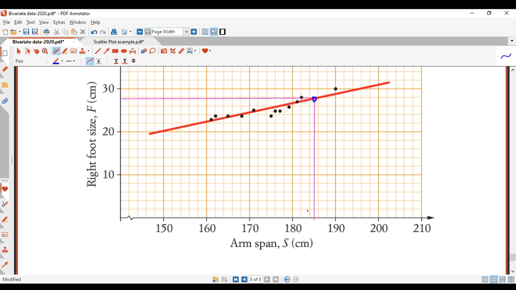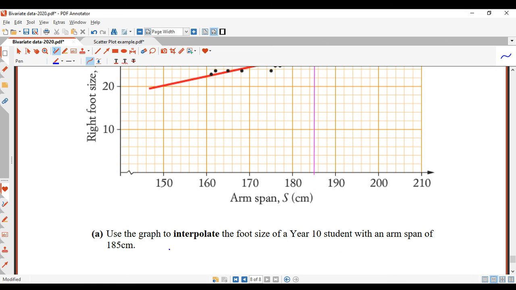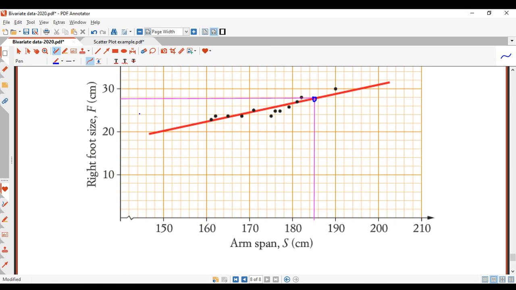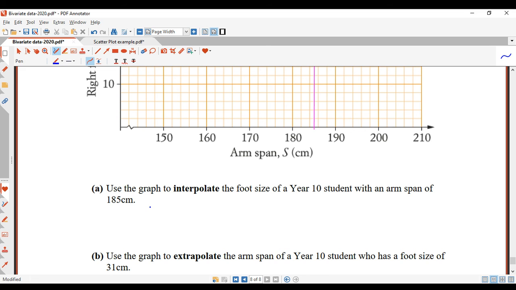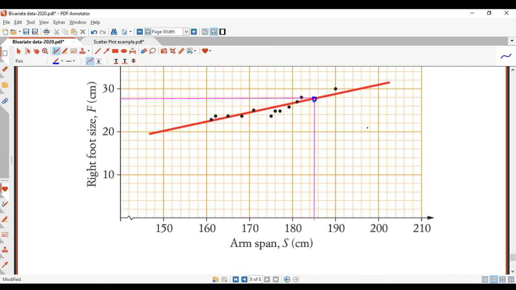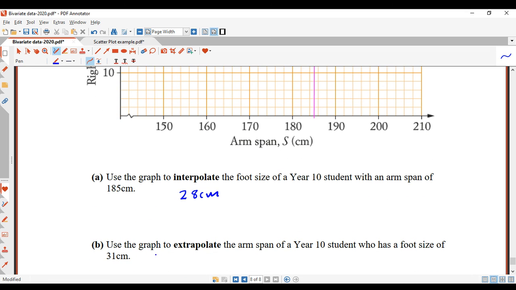Okay, so for 185 centimeters, that is a right foot size of 22, so about 28 centimeters. Okay, so for that answer there, I'm going to say 28 centimeters. So that's an example of interpolation. So interpolation is using the line of best fit to read off data between data points which have been plotted. Now, extrapolation, let's do that next.